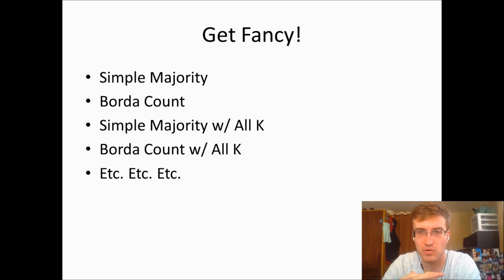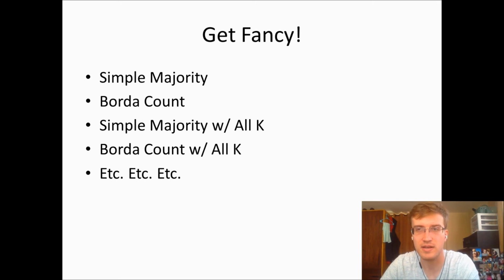And so when you take those two options into account, you can get really fancy with your different voting techniques. You can do simple majority vote. You can do Borda counting, which is basically, I'll give the example with the k nearest neighbors classifier.